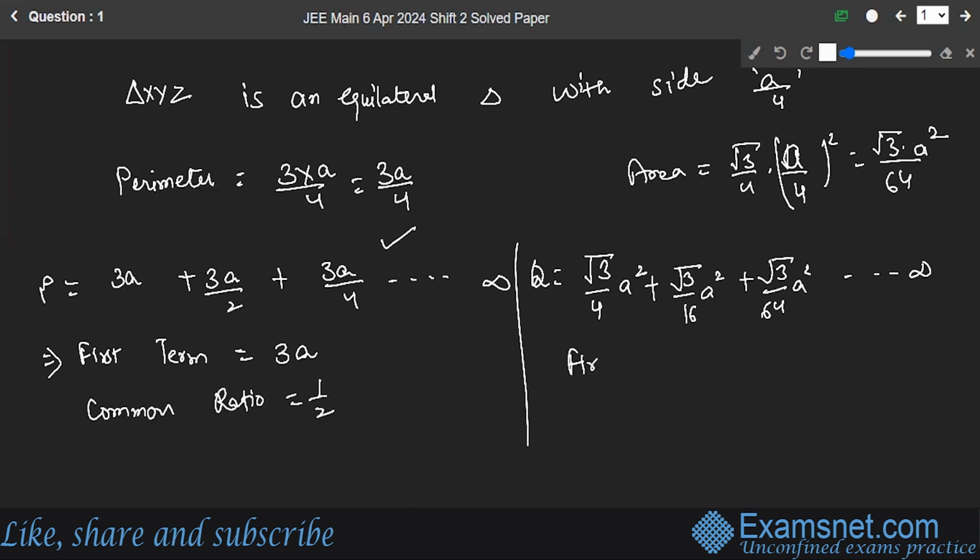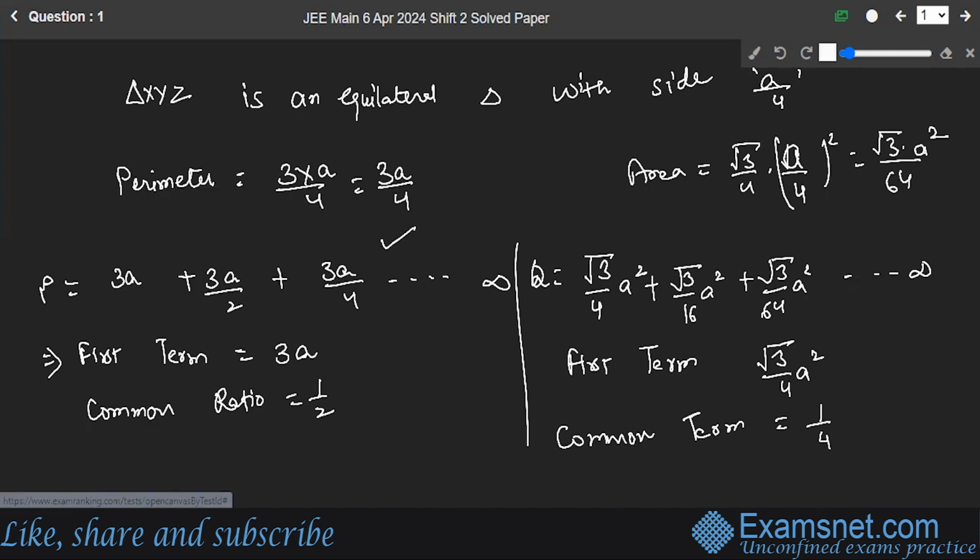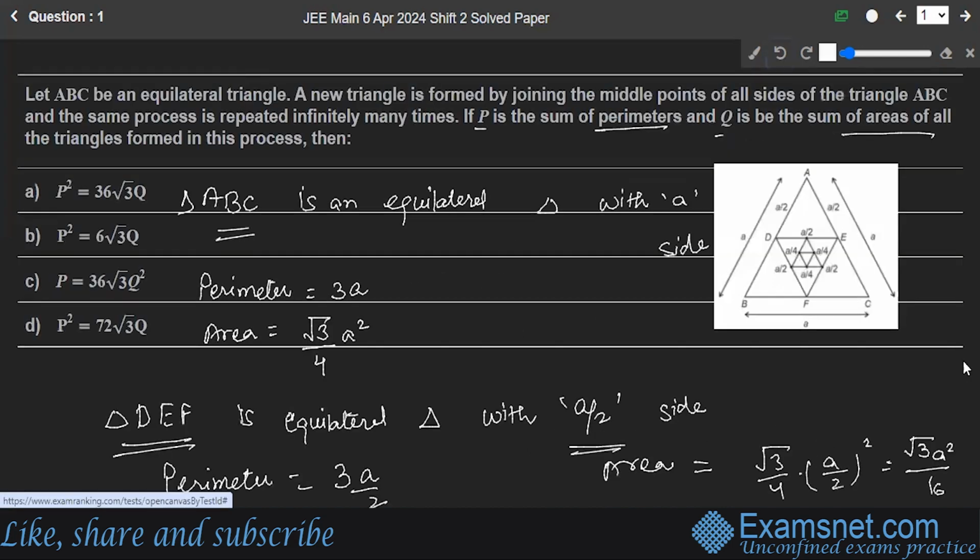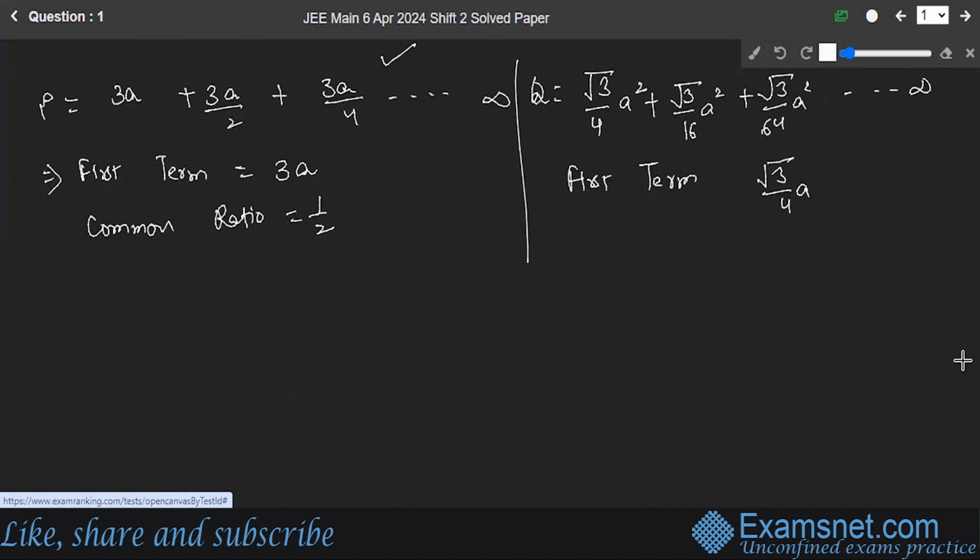And for Q, the first term is √3/4 A square, and the common ratio is 1/4, right? So what is the formula for the GP when you're having the sum till infinity?